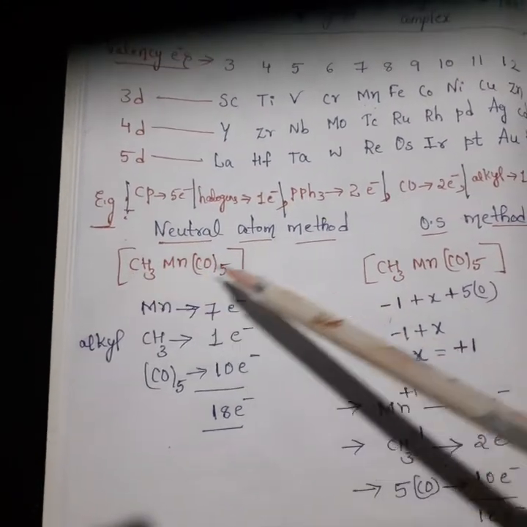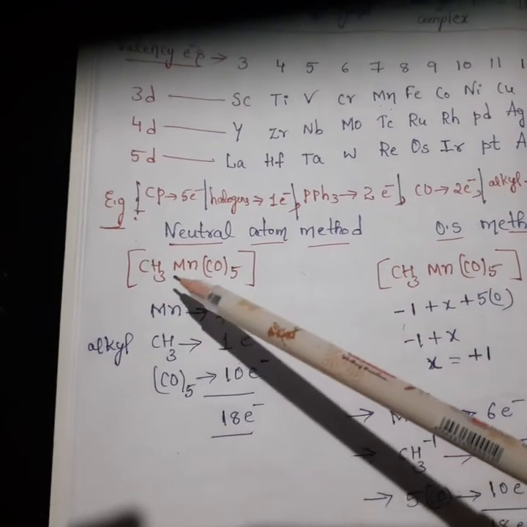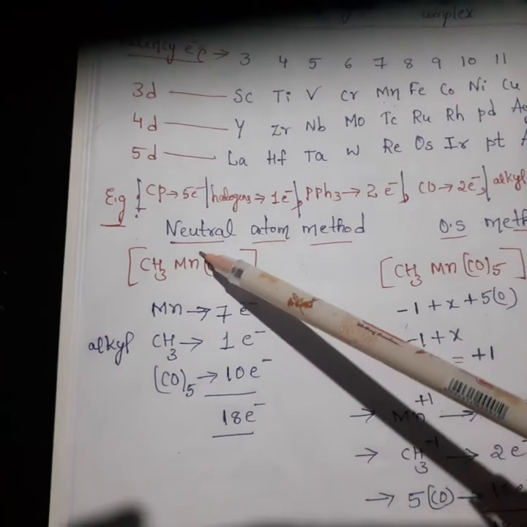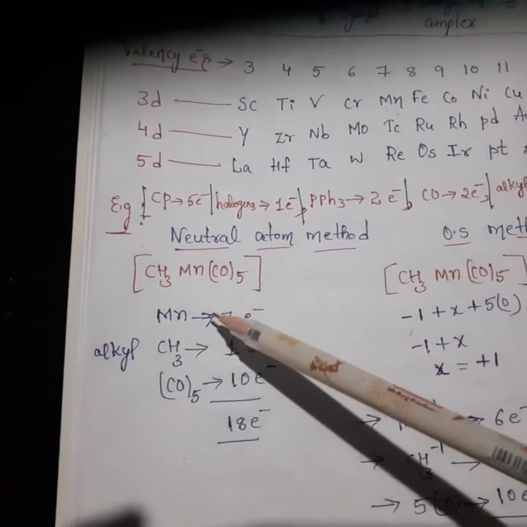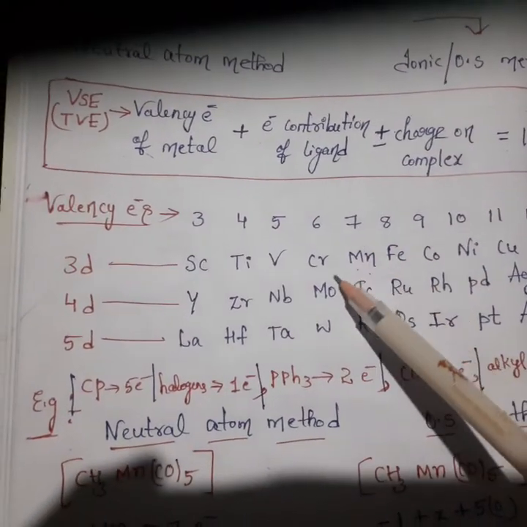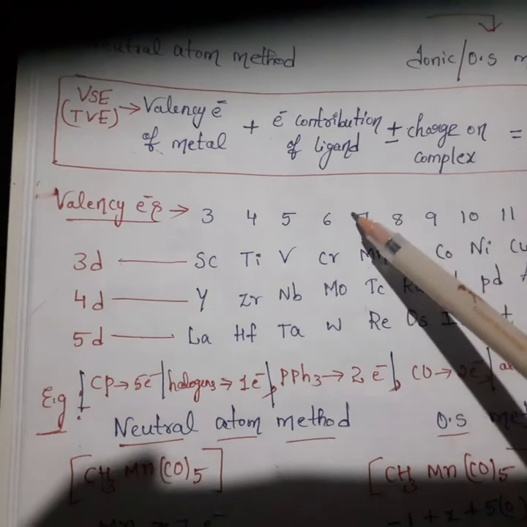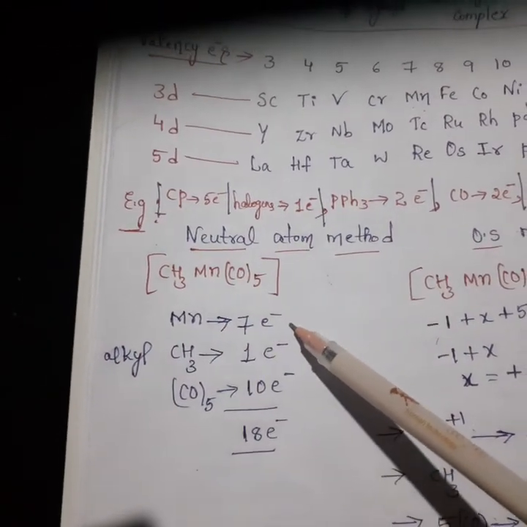In the neutral atom method, it's really very simple. This is manganese, so first we should know the valency electrons present in manganese. The valency electrons present in manganese is 7, so for manganese we have mentioned 7 electrons.